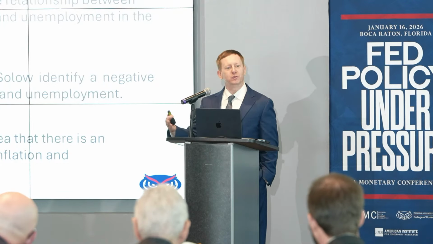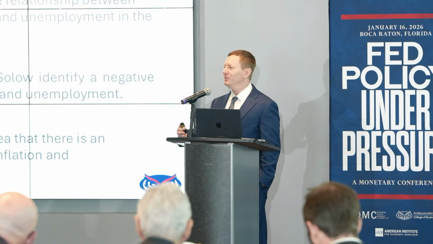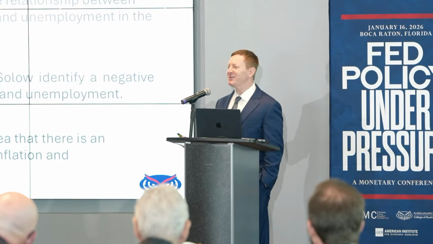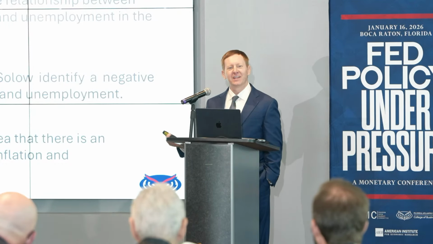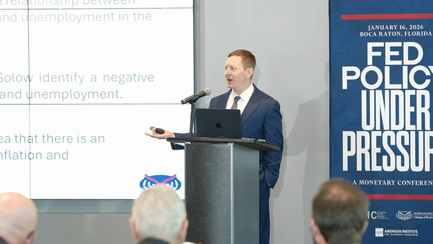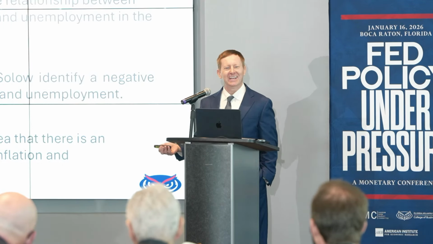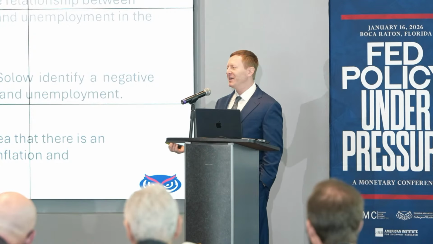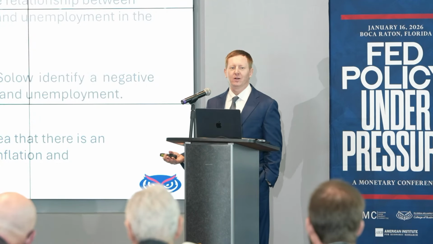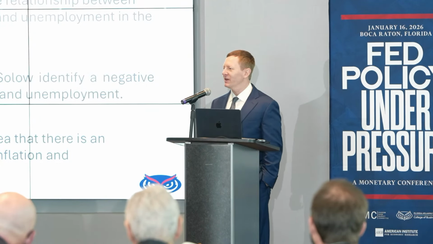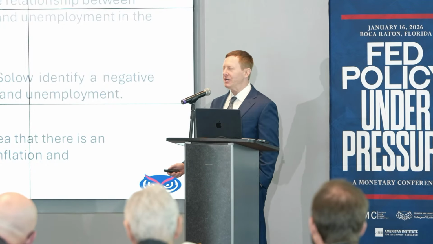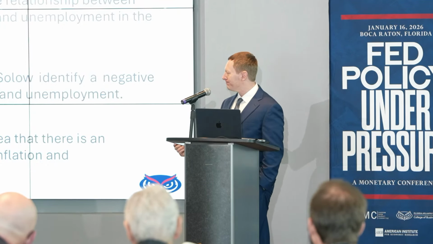Now, if you're a student of history, or if you lived through the 1970s, you know how this story goes. In the 1970s, we experienced very high rates of inflation, also high rates of unemployment. So it looked like that relationship did, in fact, break down right after we attempted to exploit it, just as Friedman had suggested.